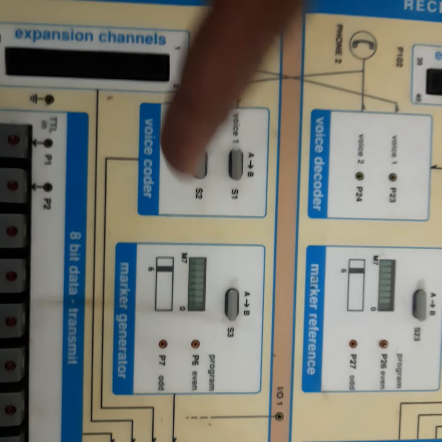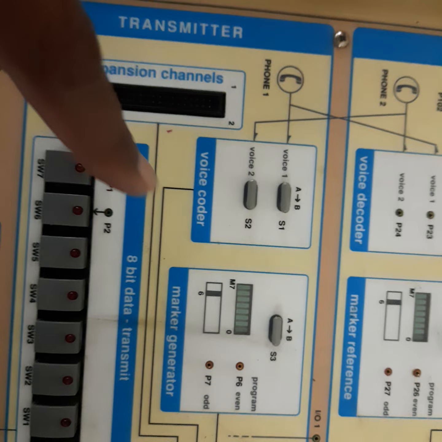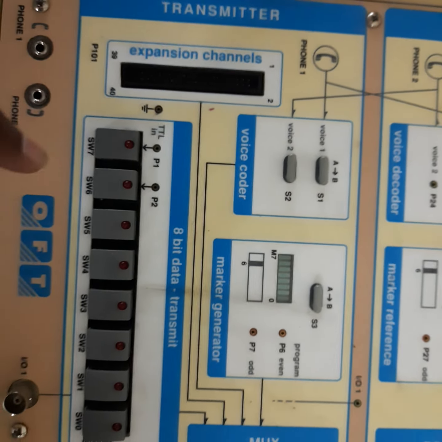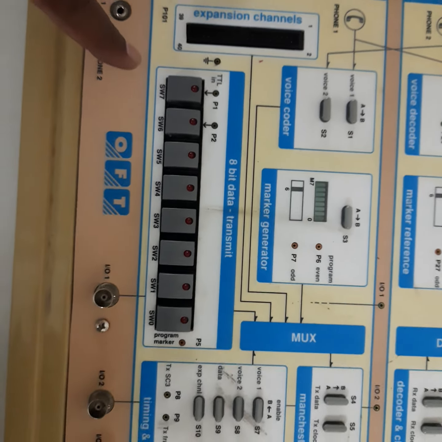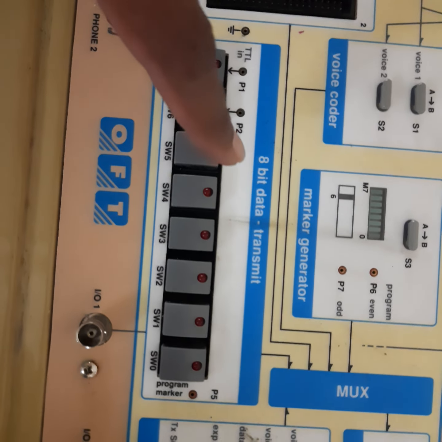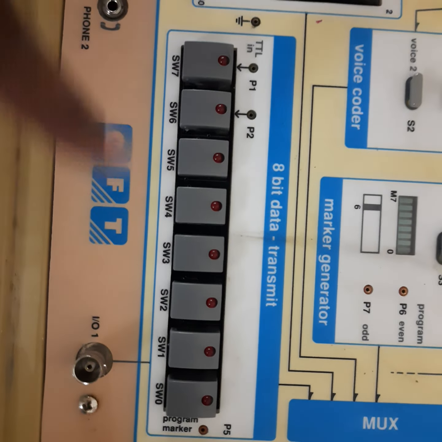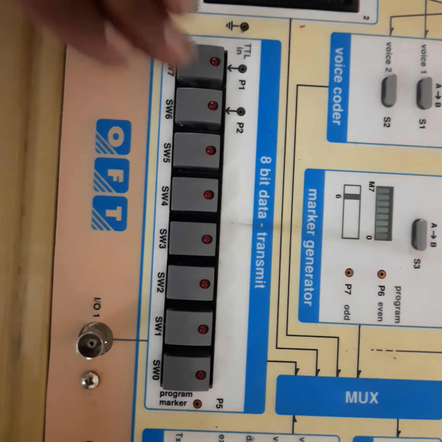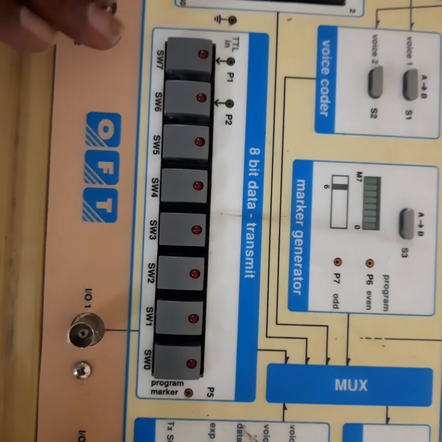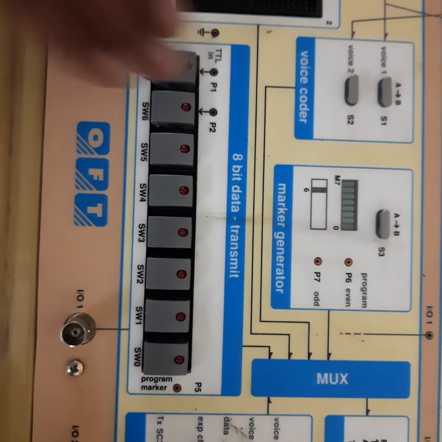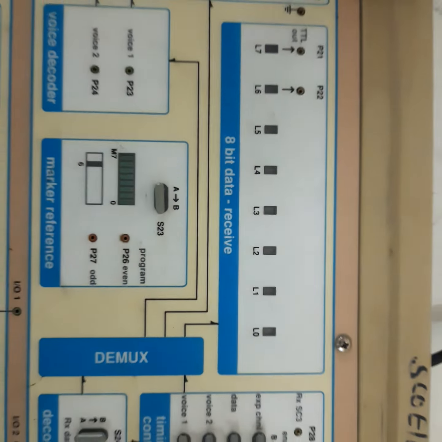About the remaining part, which will be required in some other practicals also: you can see here there are 8 switches provided to transmit 8-bit data. We can see SW0, SW1, SW2 up to SW7. These are the 8 buttons. Corresponding to that, we have 8 lamps, L0 to L7.